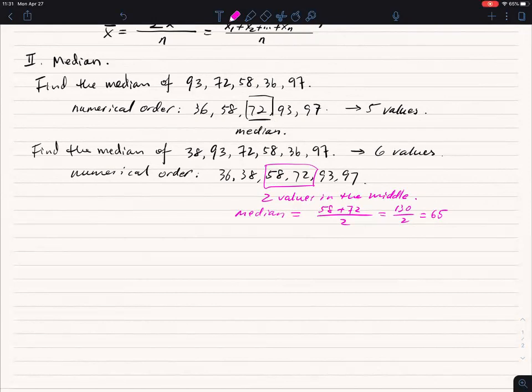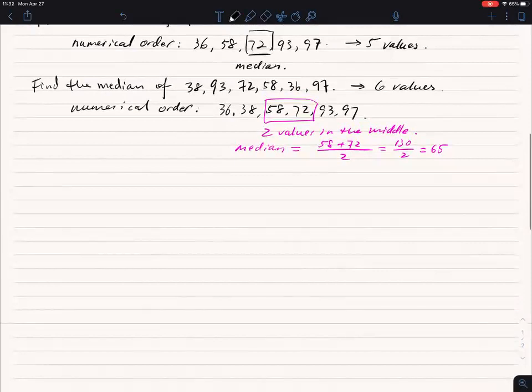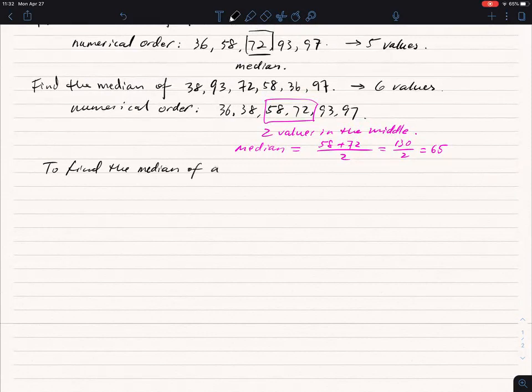Okay, so here's the method of finding median. Let's say to find the median of a data set containing n values, follow the following steps.